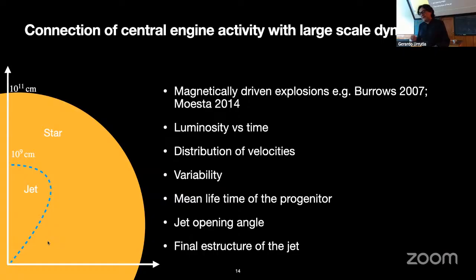This is one of the mechanisms to produce superluminous supernovae, for example. Also, the time scales to produce these explosions are very fast with respect to the previous one that I showed. So we have a GRMHD code and we think that we can produce these magnetically driven explosions.